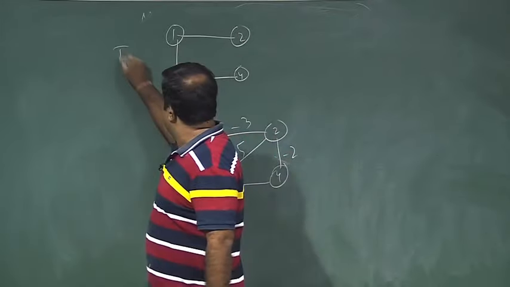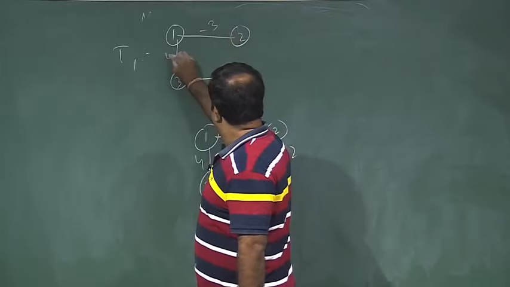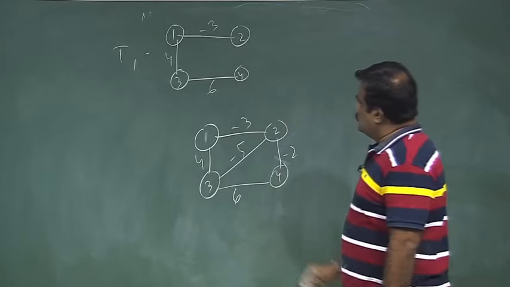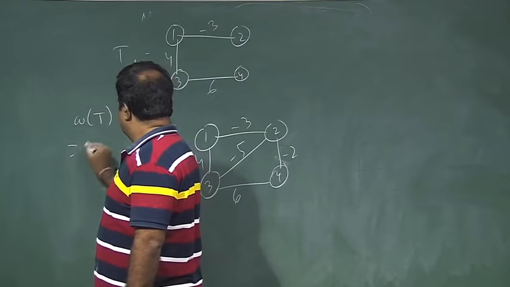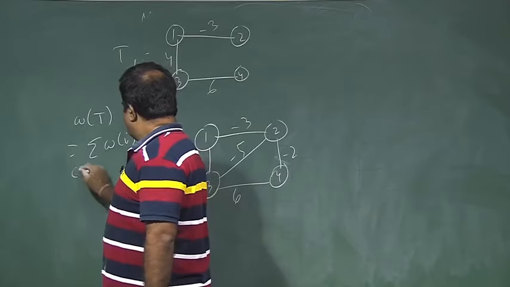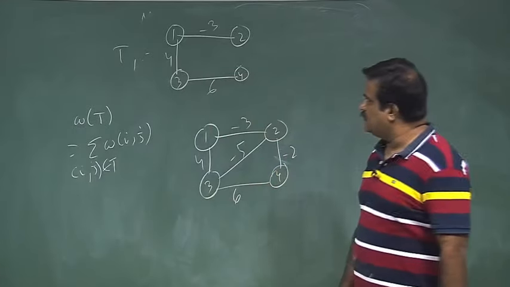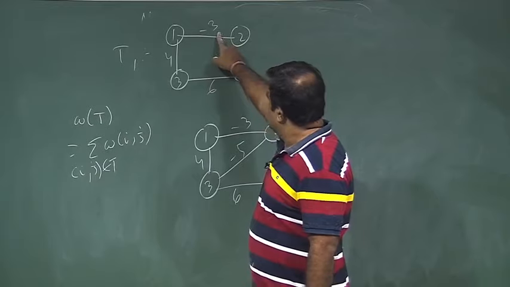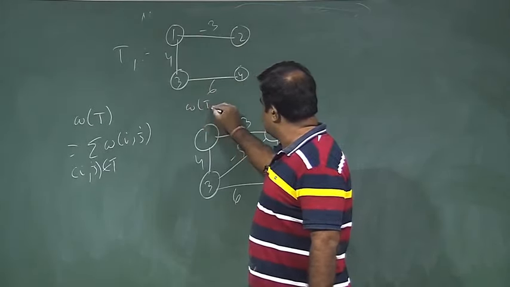This is a tree T1. The weights are -3, 4, 6. What is the weight of this tree? The weight of a tree is the sum of the weight of i j, where i j is an edge in that tree. So, we just do the sum of this. So, the weight of T1 is 7.